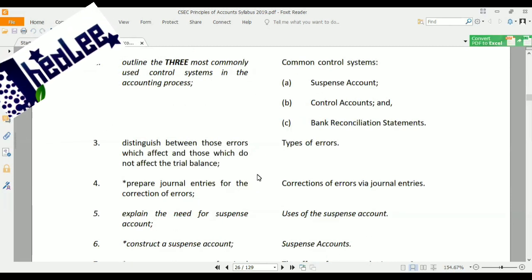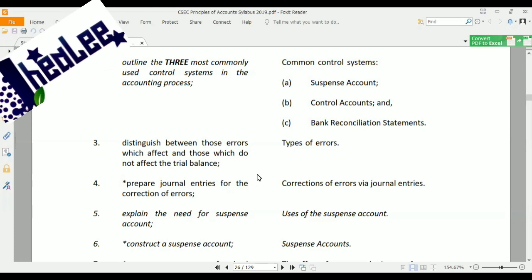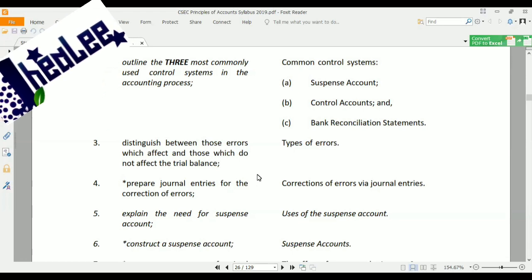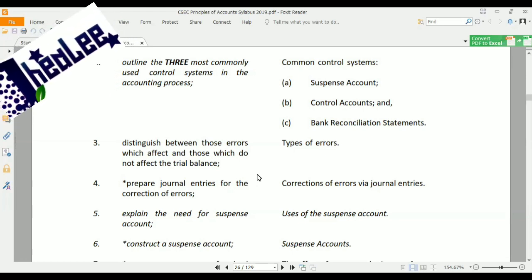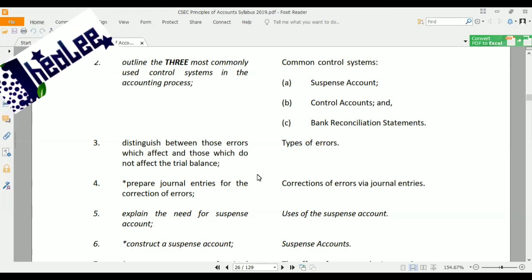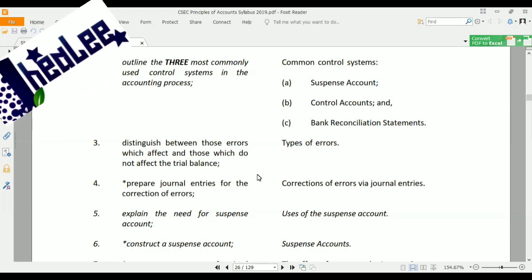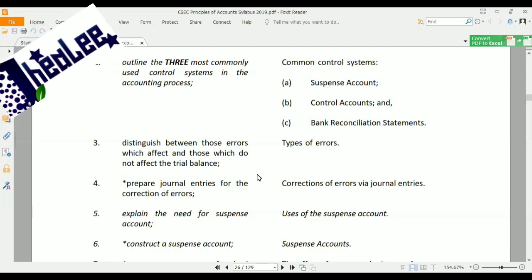Once these errors occur, your trial balance will still be balanced, so both your debit and your credit columns will still be equal to each other. We're talking about errors like reversal of entry, errors of principle, errors of commission, omission, and there are others.